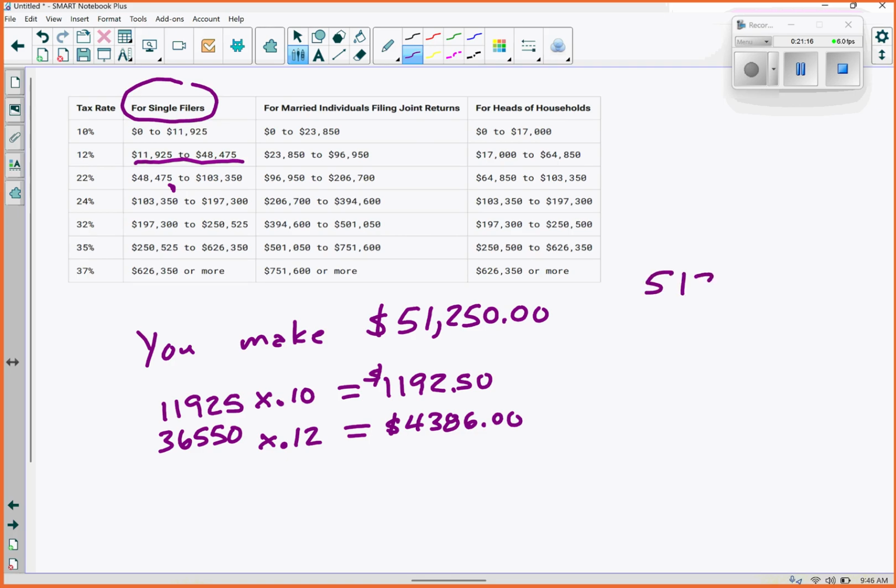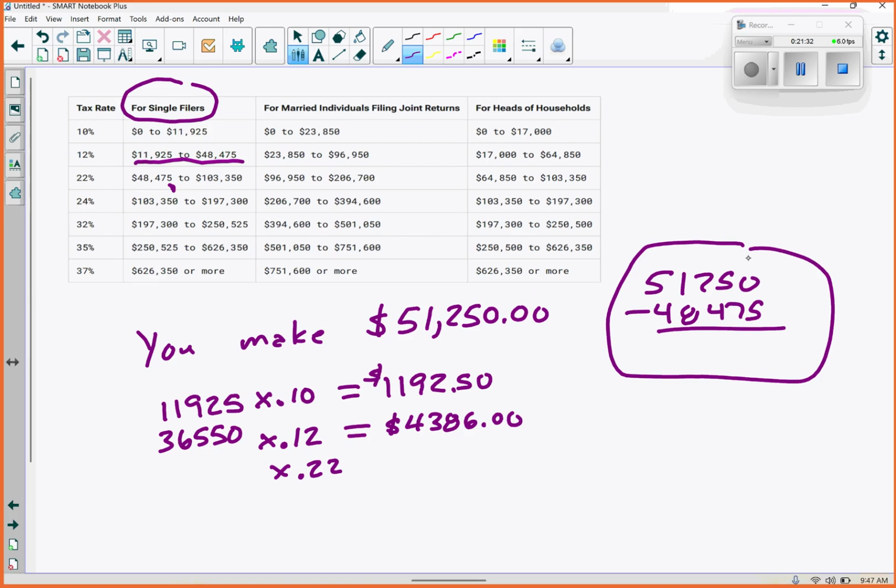So will you go 51,250 and subtract 48,475 from that for me, please? So I'm looking for this subtraction. $3,000?